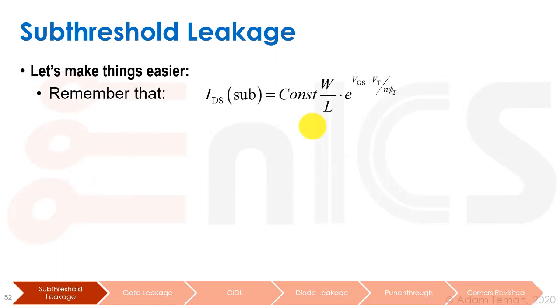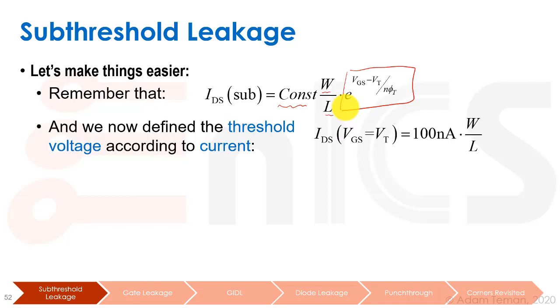Okay, so let's make this a bit easier. Remember that our subthreshold current is some constant times the size of the transistor, W over L, times, again, this exponential dependence on (VGS minus VT) over N·VT, which we can look at either as the amount of charge we have there or as a parasitic BJT that we have when we're in weak inversion. Okay, we've defined the threshold voltage according to the current.